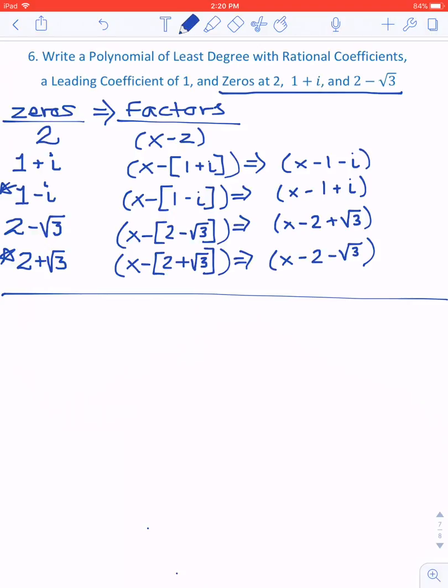You use those 5 factors to write what? What do we call that? Call it factored form. All right, so go ahead and write out factored form.